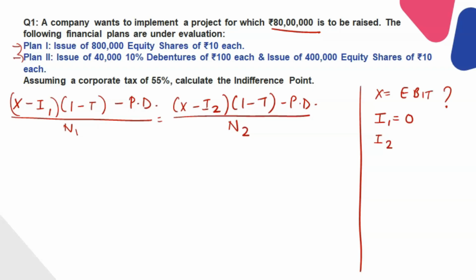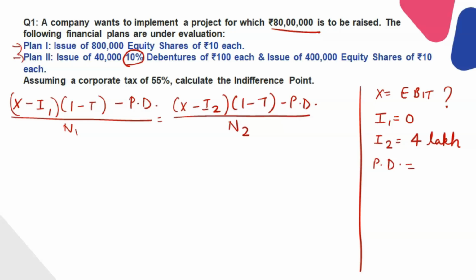In the second plan there is interest. 10% interest is given on debentures. On 40,000 debentures of rupees 100 each, that means 40 lakh, so total 40 lakh rupees we raise through debentures. 10% of 40 lakh is 4 lakh. 4 lakh is the I2. I is just interest. In the first plan there were only equity shares, no debts, so that's why we are not taking that. Then preference dividend.